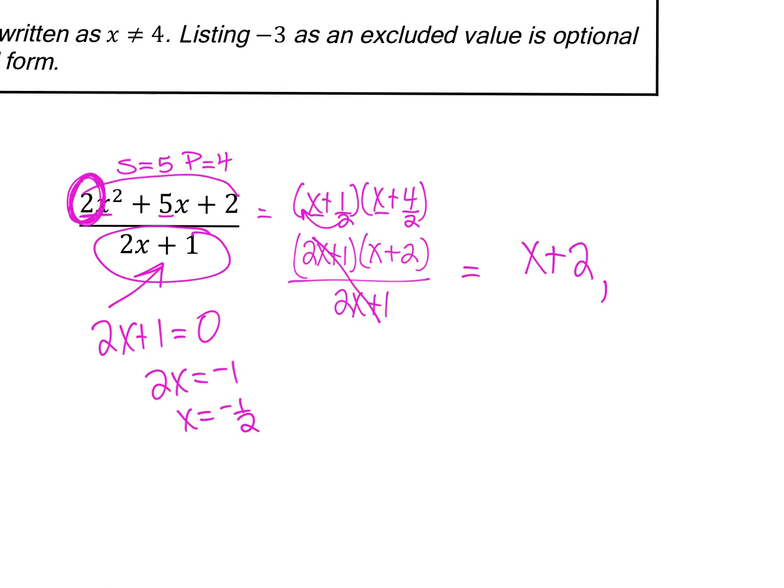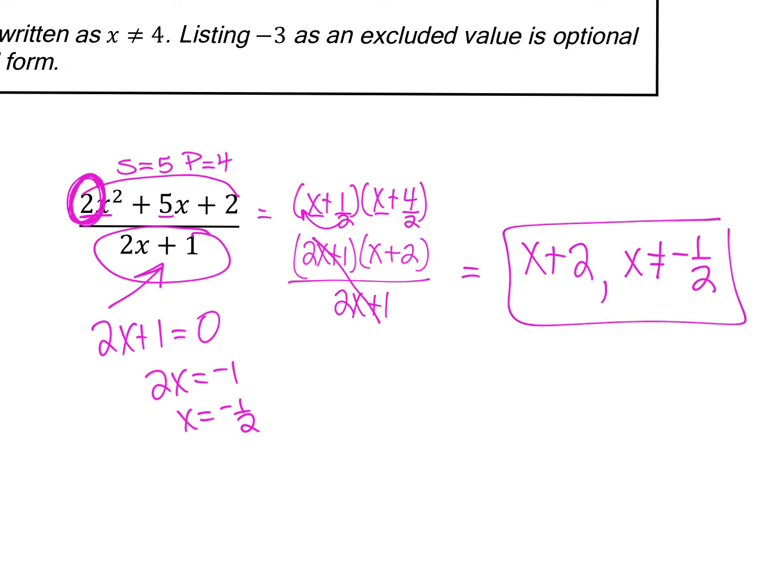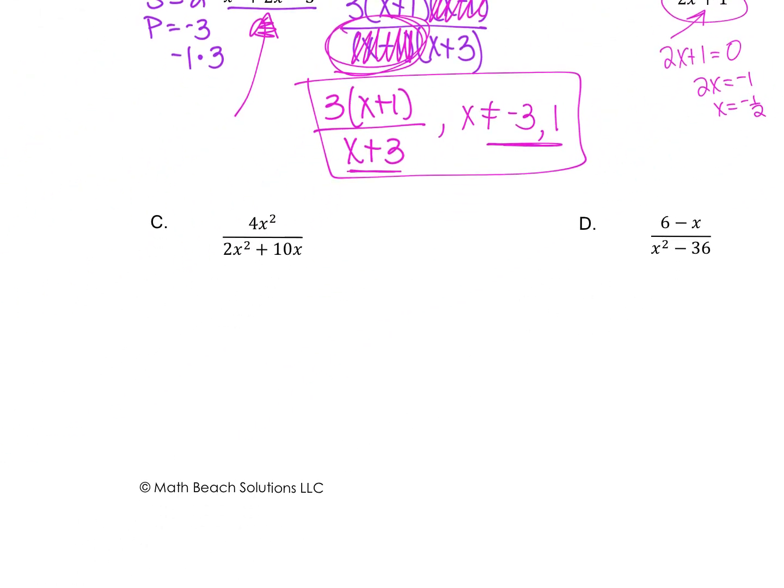So make sure you include that in your final answer. I know that x cannot equal negative 1/2 because it would cause that original denominator to be 0. All right, so let's look at part C.